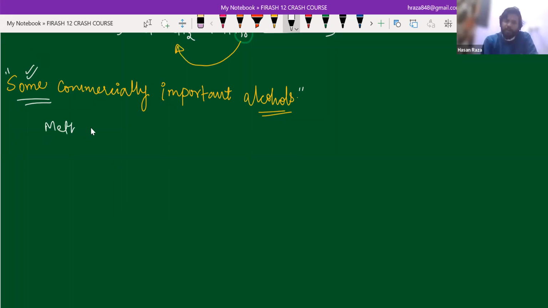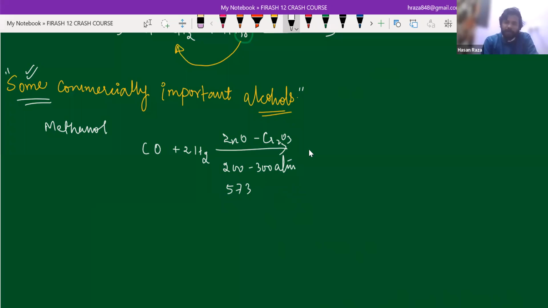You react carbon monoxide with dihydrogen in the presence of ZnO, Cr2O3 at 200 to 300 atm pressure, and a very high temperature like 573 to 673 Kelvin. Then you will get CH3OH, and you need to study the uses of this methanol.